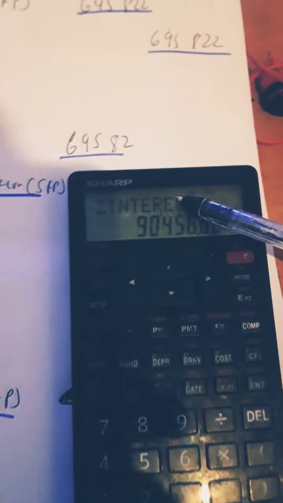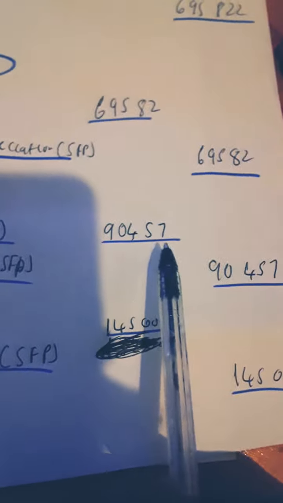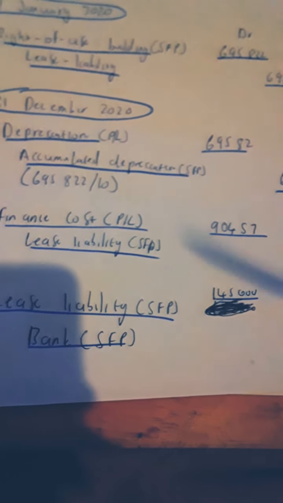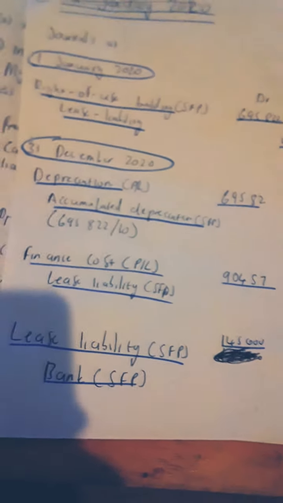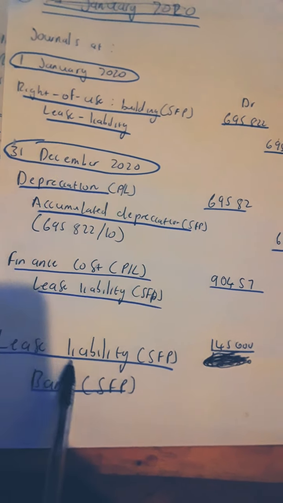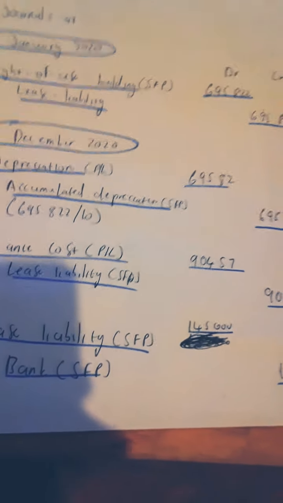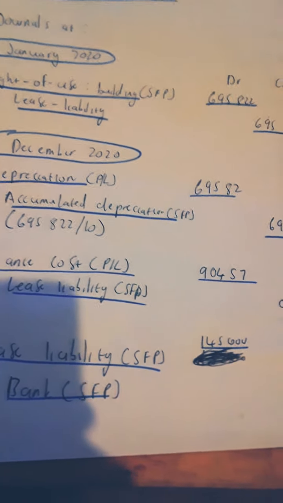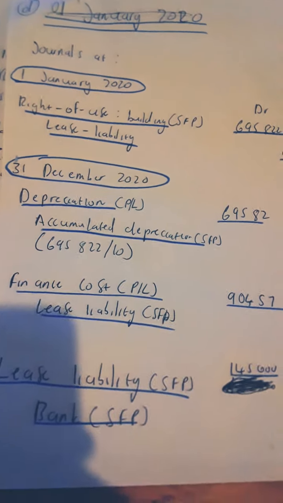On the amortization, it's 90456. I just rounded it to the nearest 10, that's why I have a 7 there. Right. So this is basically information that you've actually calculated throughout the period, and you just have to post it, and that's very simple. And last but not least, you've got your lease liability, which is your installments. Your liability that you have to be paying is 145,000. You debit that. Obviously the bank has to reduce by the same amount because that's what's leaving your pockets.